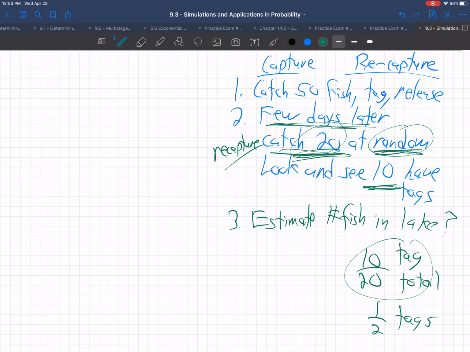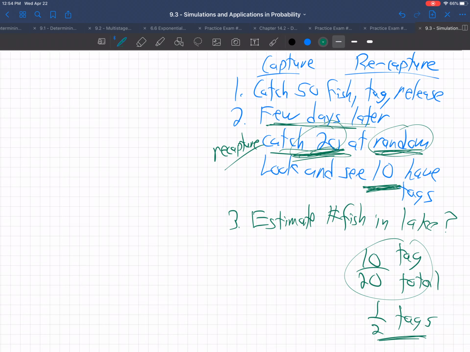So it's reasonable to think that probably the same half of the whole lake has tags, because you just grabbed 20 at random and came out with 10 that had tags.